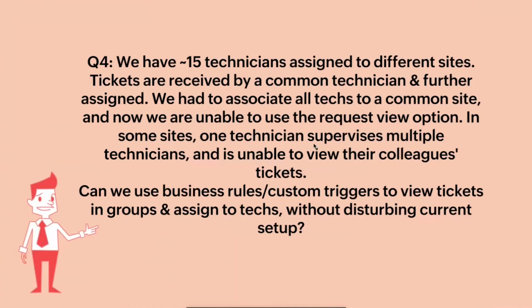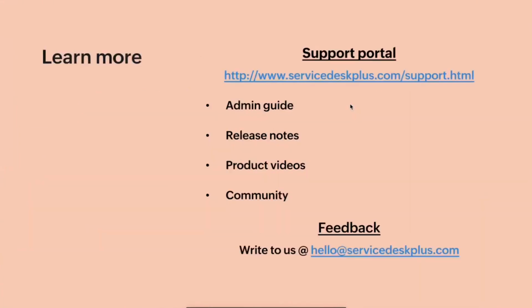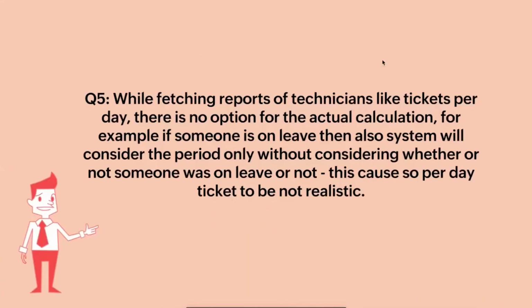Great. So we're done with 4 questions, and now let's move on to the 5th question. While fetching reports of technicians like tickets per day, there is no option for the actual calculation, meaning if someone is on leave, the system will still consider the period without considering whether or not someone was on leave.